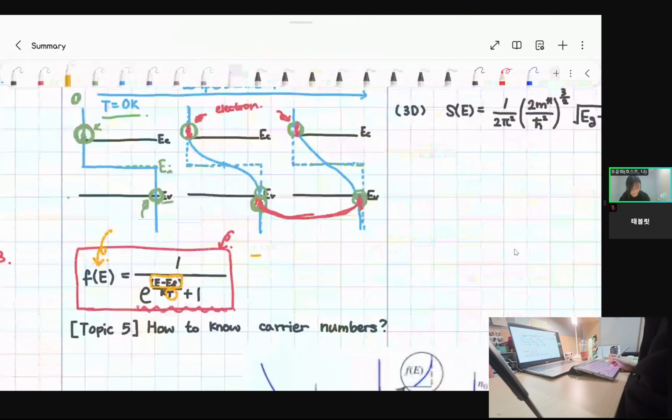If the carrier is not an electron but a hole, we just get it by subtracting the probability of the electron from 1.